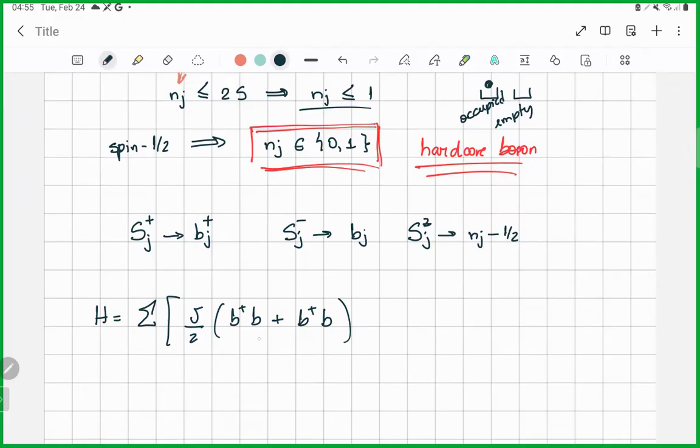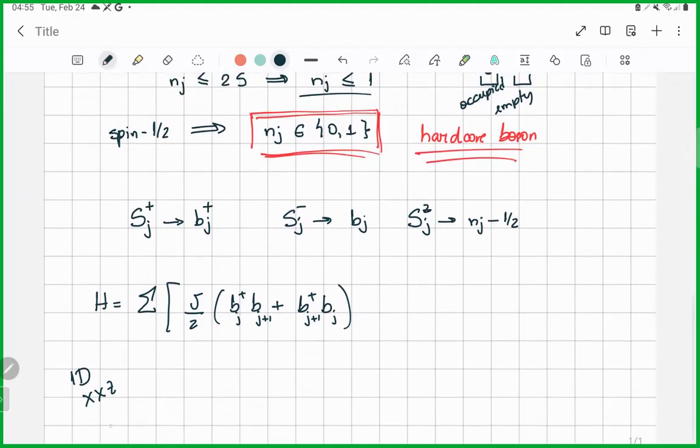So here we have neighboring sites. If we are talking about the one-dimensional XXZ model with neighboring couplings, and if we are talking about open boundary conditions, we go up to L minus 1, L meaning the number of sites.